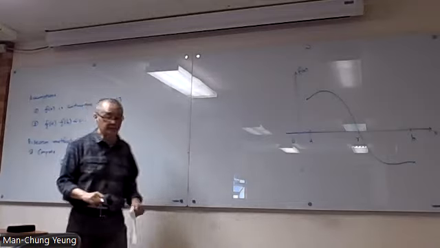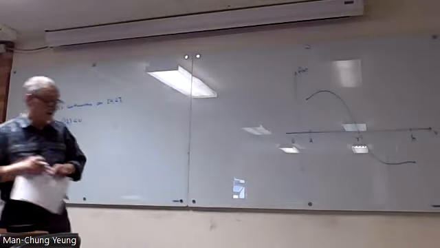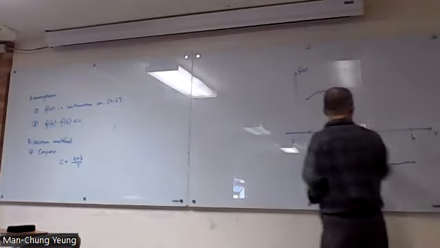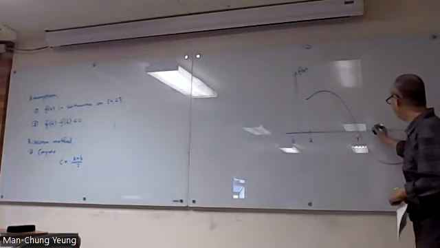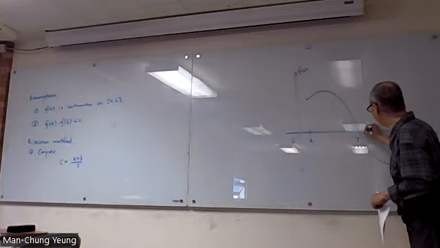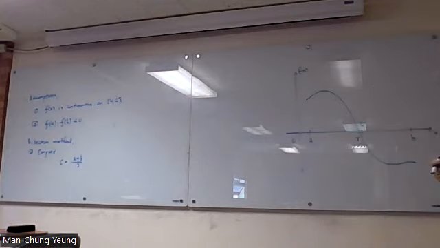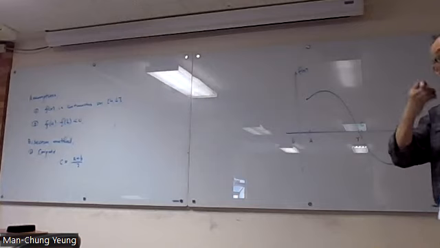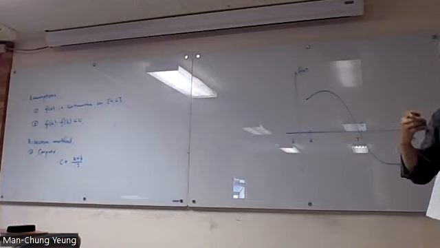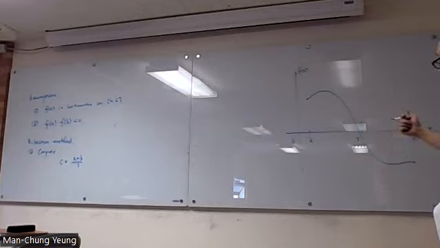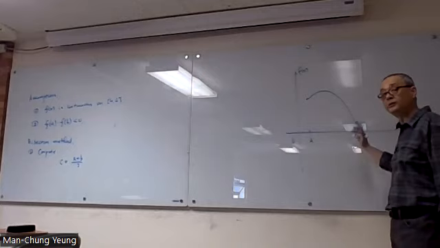Now compute the midpoint of AB, about here, midpoint C. We use the midpoint as an estimate of the unknown root.